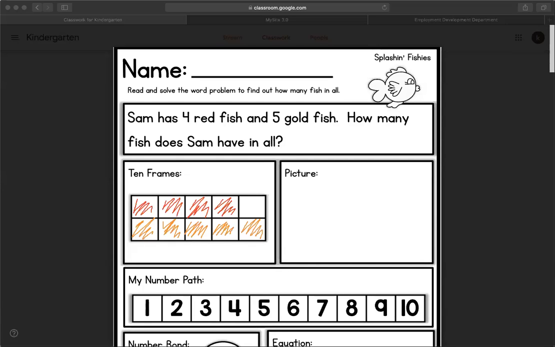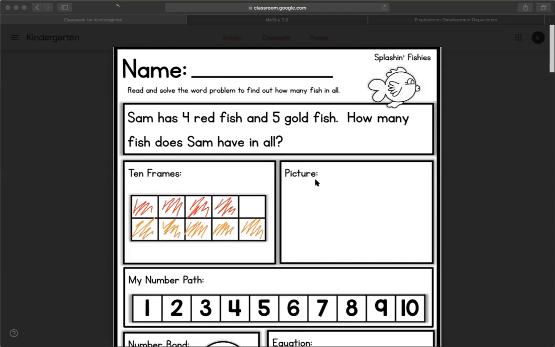So that's how we do our 10 frames. You distinguish the 2 different items either with 2 different colors, or you can do 2 different patterns. So you can do circles on the top and triangles on the bottom. However it is easy for you to distinguish the problem.